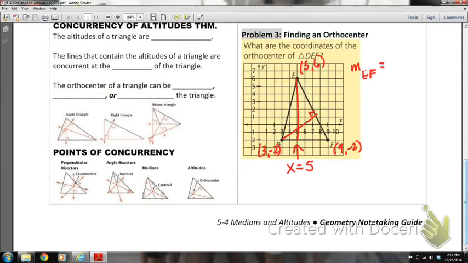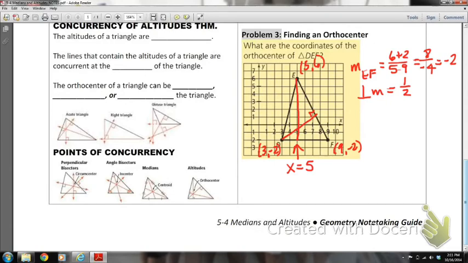So we have 6 minus a negative 2, which is 6 plus 2, over 5 minus 9. That's just the slope formula, change in y over change in x. It's 8 over negative 4, so the slope of side EF is negative 2. But we want the slope of the altitude that's perpendicular to it. The perpendicular slope is the opposite reciprocal, which is 1/2.